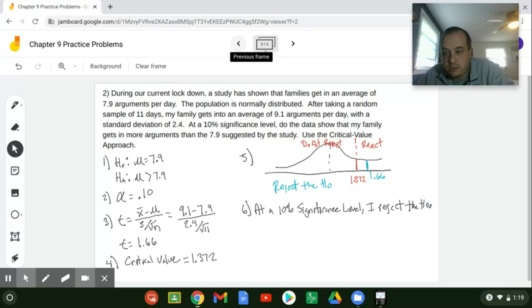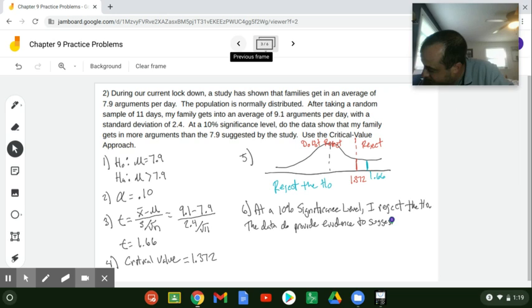The data do provide evidence to suggest that my family gets in more arguments than the 7.9 that the study claims.